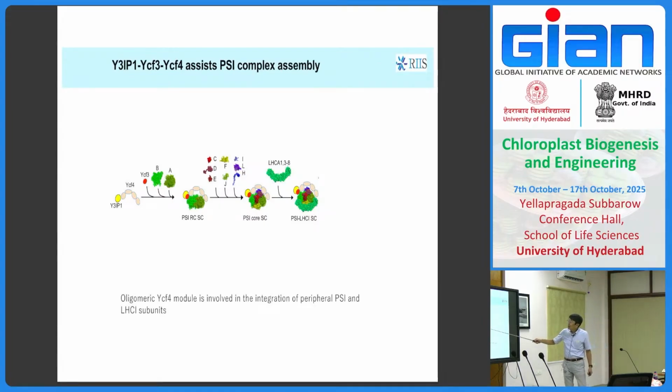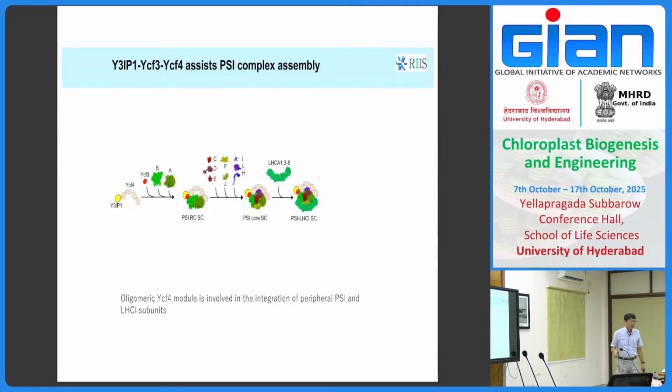So the YCF4 preparation lacks LHCA2 and 9, only very little. And also here, PSA K and PSA G are present at the edge of the 2 layers of the tetramer, which stabilizes it, but these 2 are still absent. So the PS1-LHC1 subcomplex is not completed.